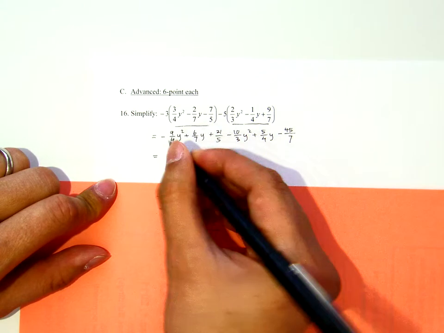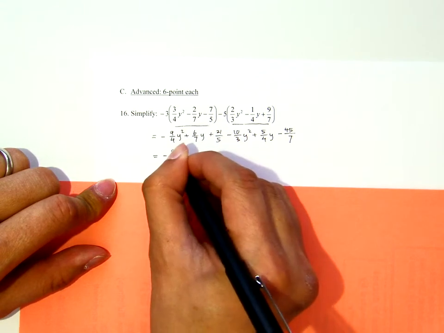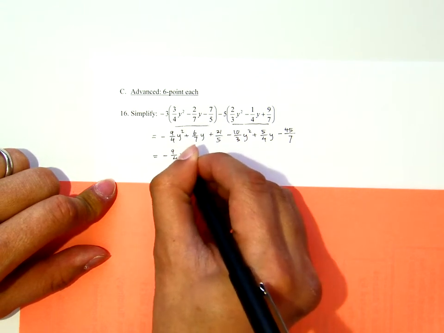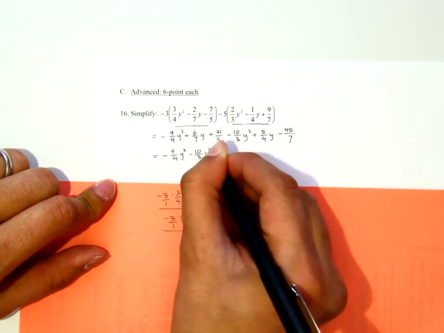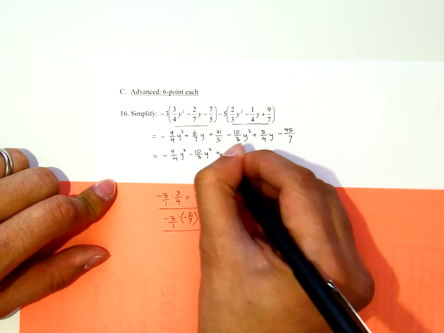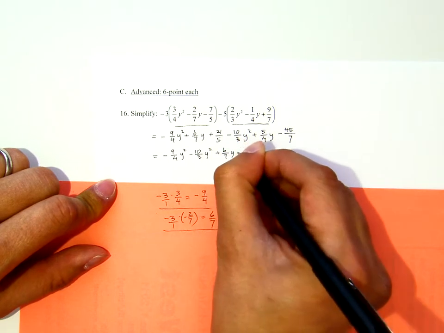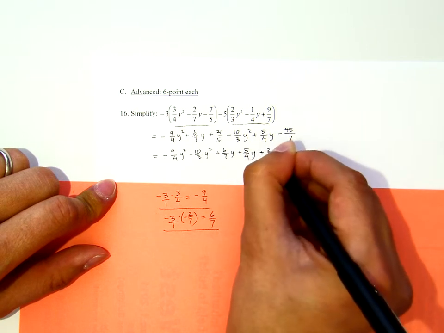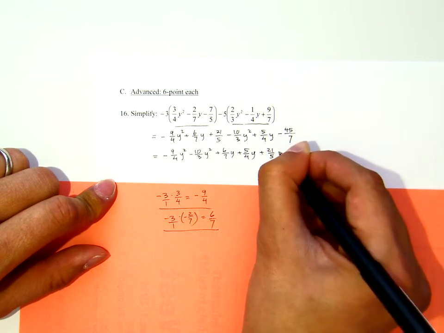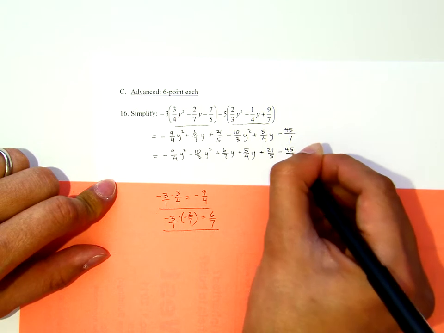I will put them in certain order. I will group them: -9 fourths y squared minus 10 over 3y squared, plus 6 over 7y plus 5 over 4y plus 21 over 5 minus 45 over 7.